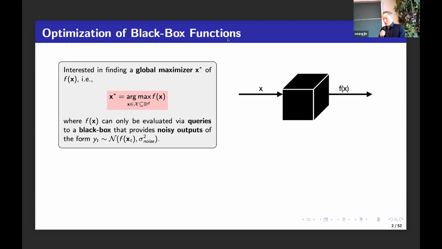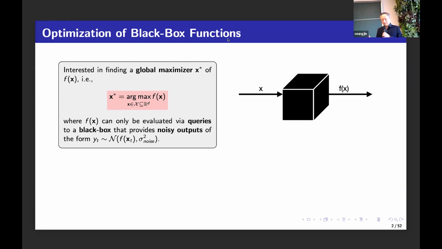All right, if you're not familiar with Bayesian optimization, this is just a gentle overview of what black box optimization looks like. Suppose we have some black box function f of x, which means we do not have any access to the functional form of f of x.